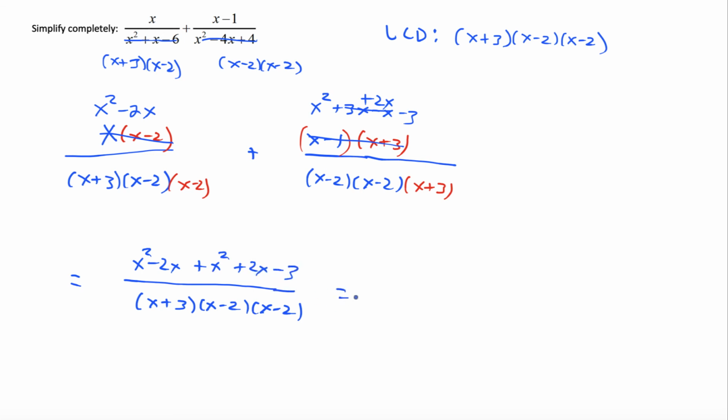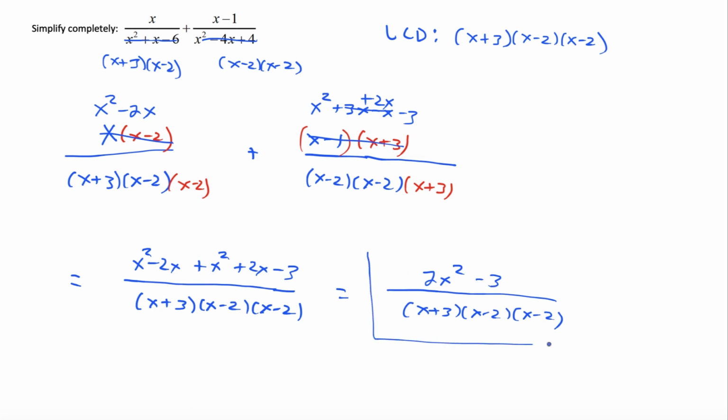Okay, so combining all the like terms, let's rewrite this. So we get the denominator here. And what happens in the numerator? Well, x squared plus x squared is 2x squared. The minus 2x and the plus 2x just cancel out. And then we get minus 3.